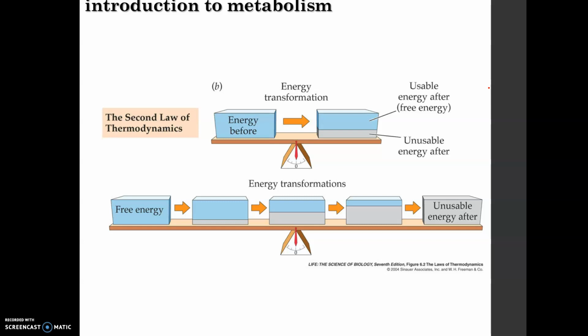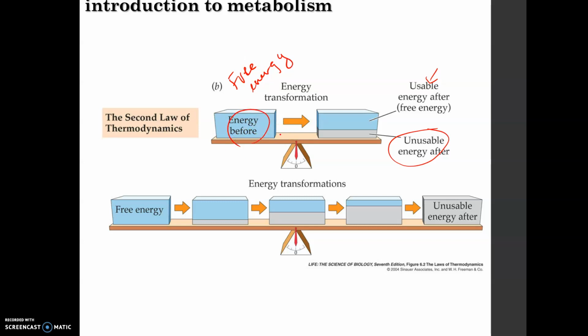At the top, we have our energy before, and it's transformed, and now you see you're going to have a little bit of unusable energy after, but you still have a little bit of the usable. The energy before is called free energy. So free energy, that's what this energy before is.